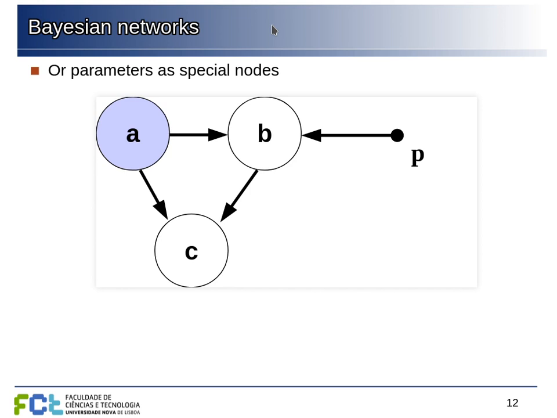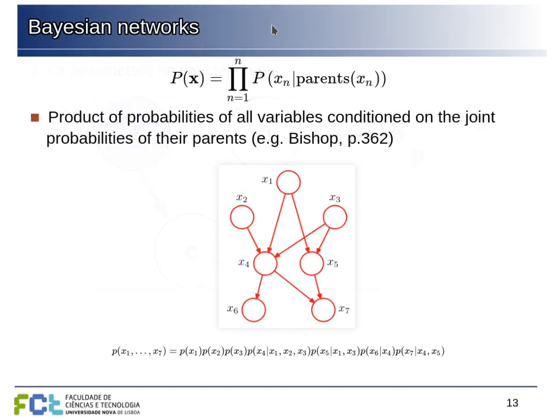So if you want to include parameters in the Bayesian network, you can also use this notation. But the idea here is that once we specify how the variables are related, we can write the joint probability distribution of all the variables by looking at the conditional dependencies here.